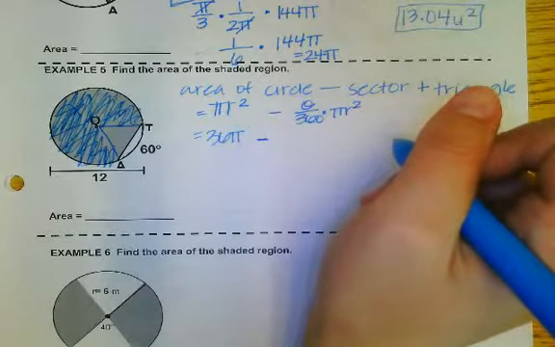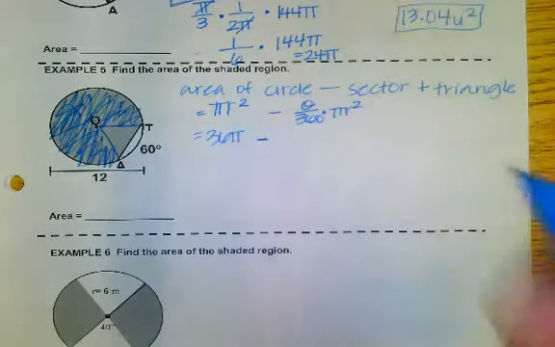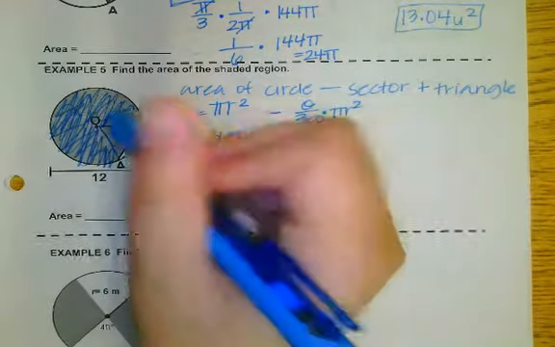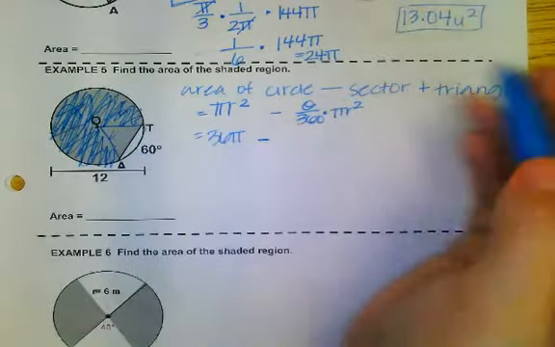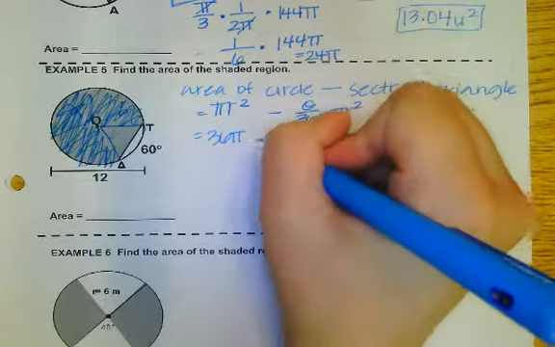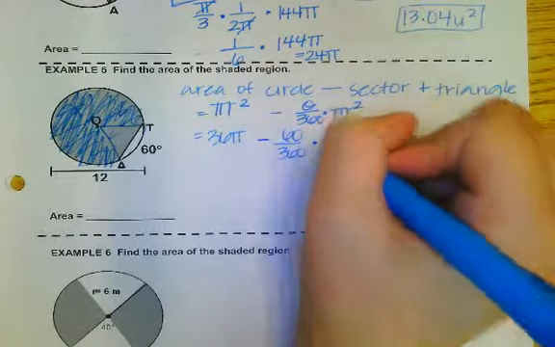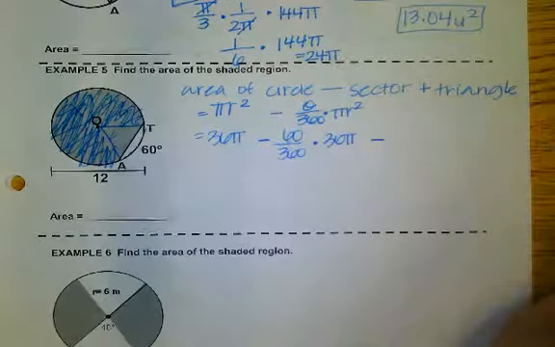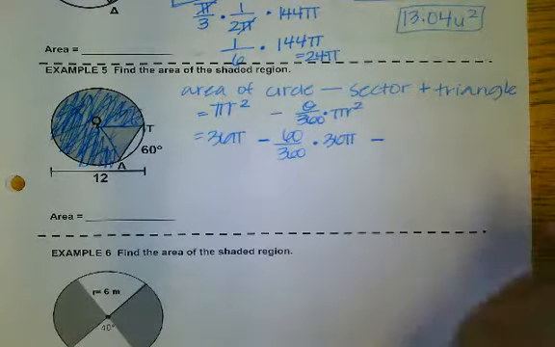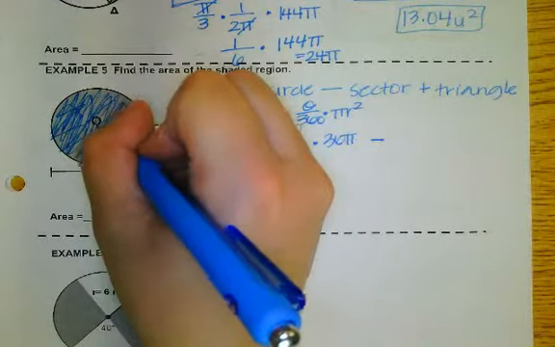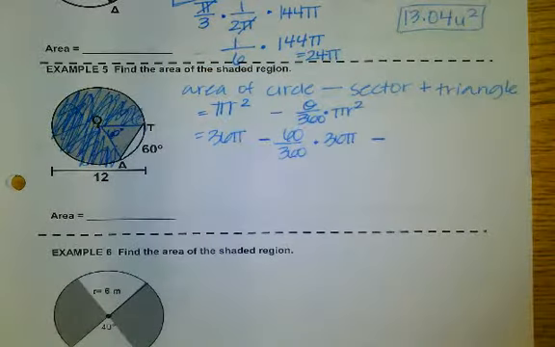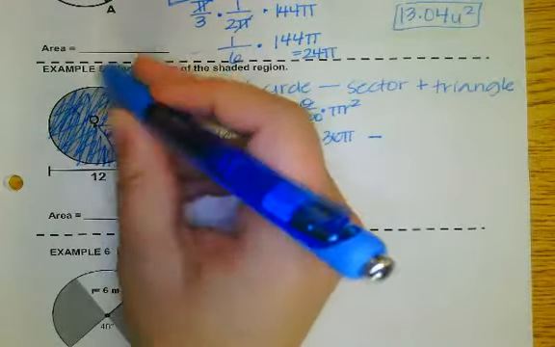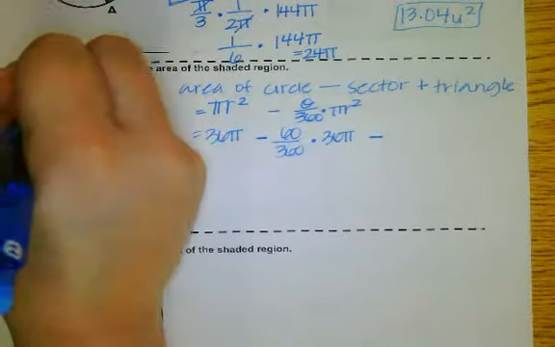Okay, and then I need my triangle. What kind of triangle do I have? So right now I have 6, 6, and 60 degrees. You've got 120 degrees left in those base angles, making it an equilateral triangle.